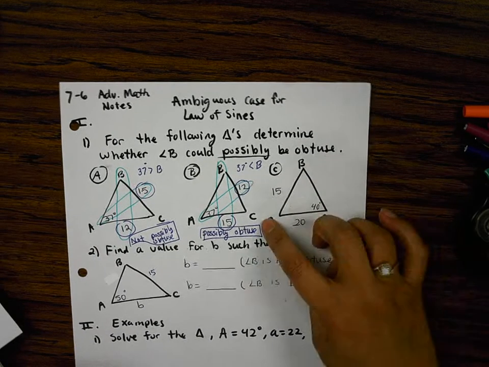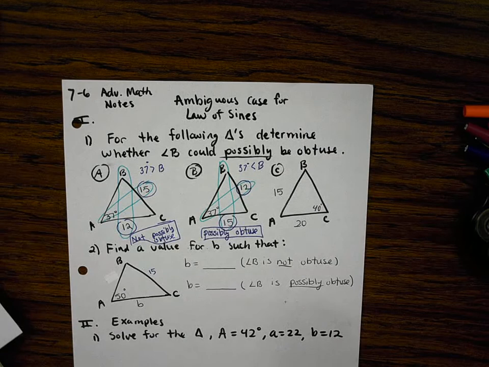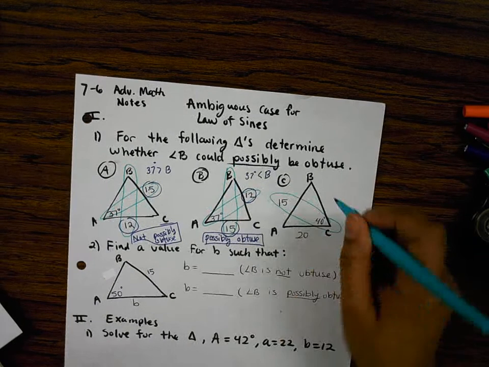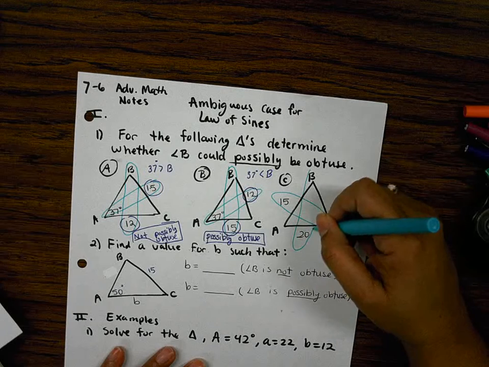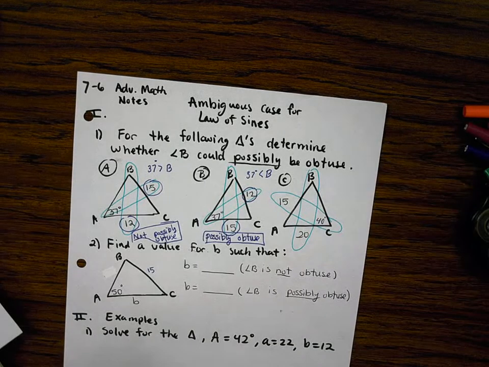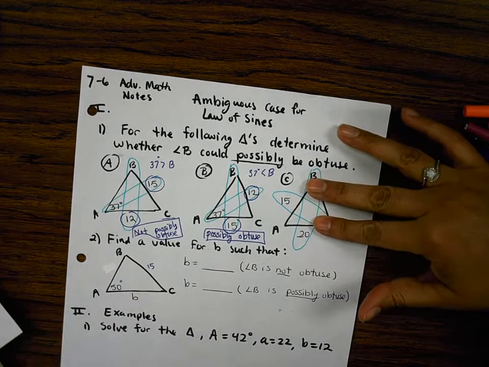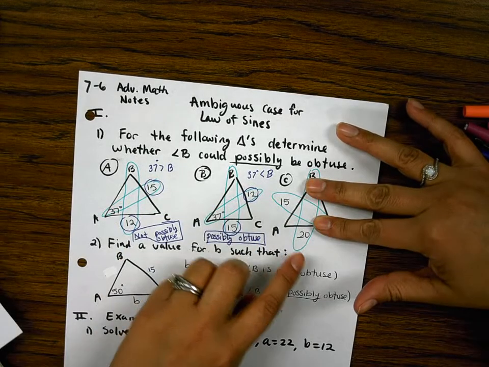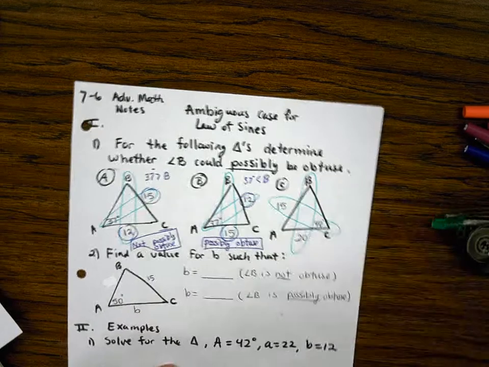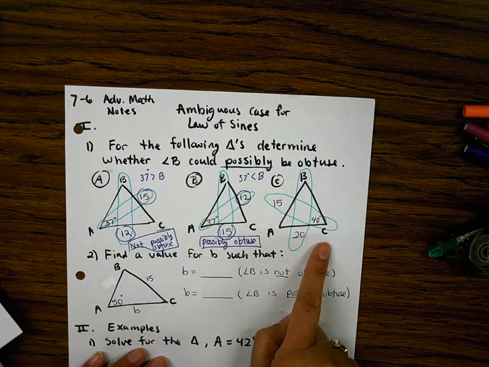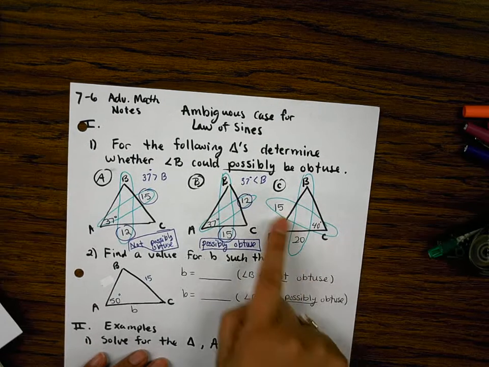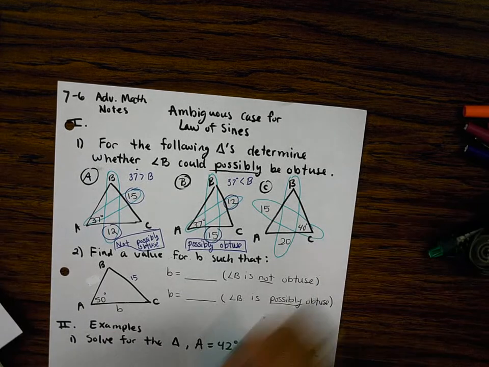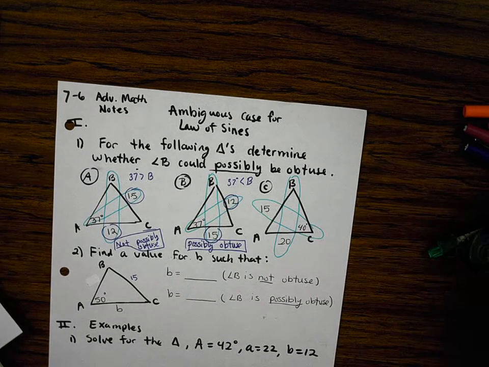All right, next one, it's C with 15 because they didn't give me angle A or side A. So 15 matches with angle 40. Angle B matches with 20. Which one is bigger, 15 or 20? 20 is bigger, 15 smaller. 15 matches with C, and 15 is smaller than 20.